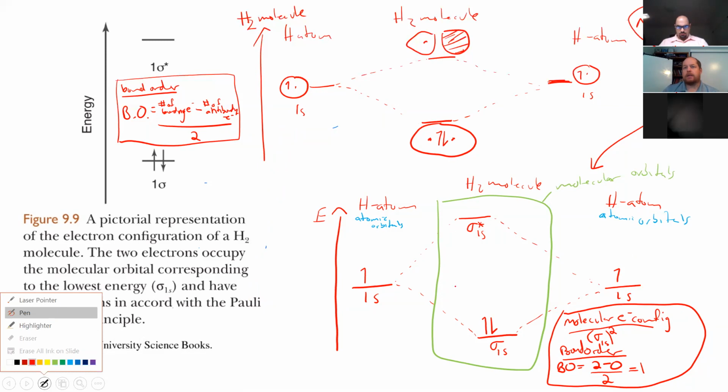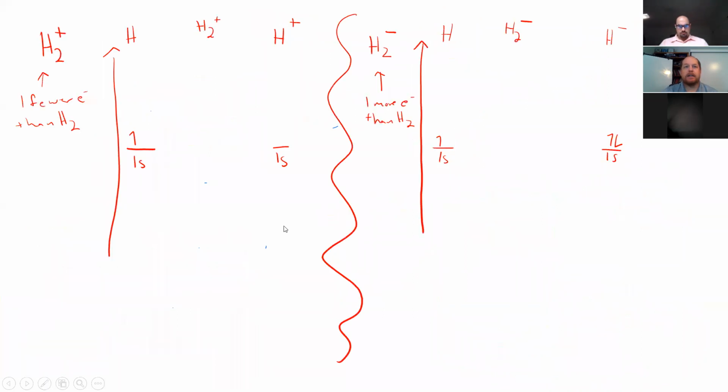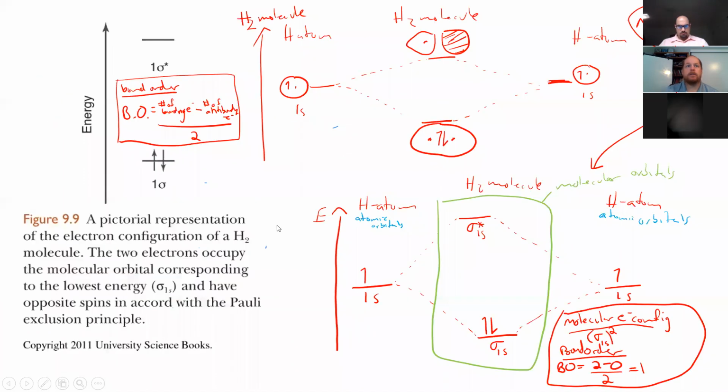When those two atoms come together, you wind up getting the sigma 1s and sigma star 1s orbitals, and we take the two electrons, one from each of the hydrogen atoms, and populate our hydrogen molecule's orbitals with them. So that's kind of a key here for what we're doing.